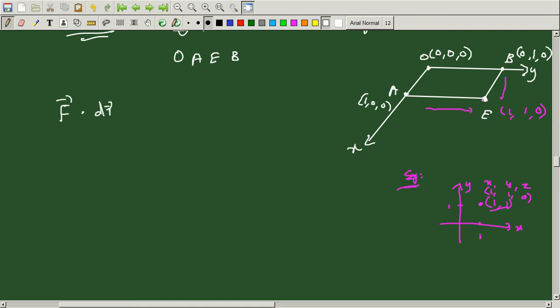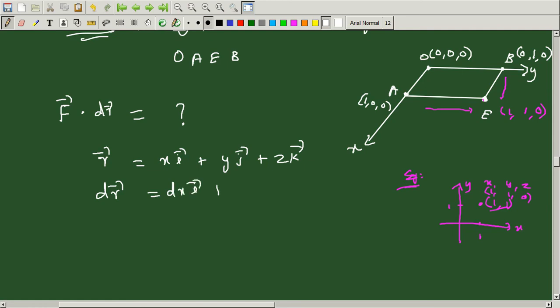Before that, what is the R vector? We know the R vector as a position vector is x i direction plus y j direction plus z k direction. And the dr vector, just differentiating, is dx i plus dy j plus dz k.